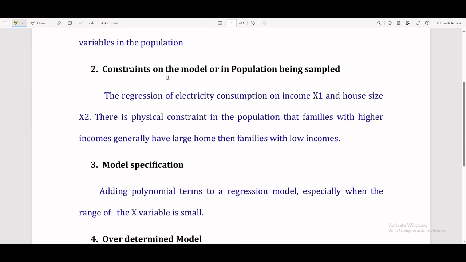Number 2. Constraints on the model or population being sampled. Population being sampled, any population from which the sample is drawn. So here is an example of a regression of electricity consumption.